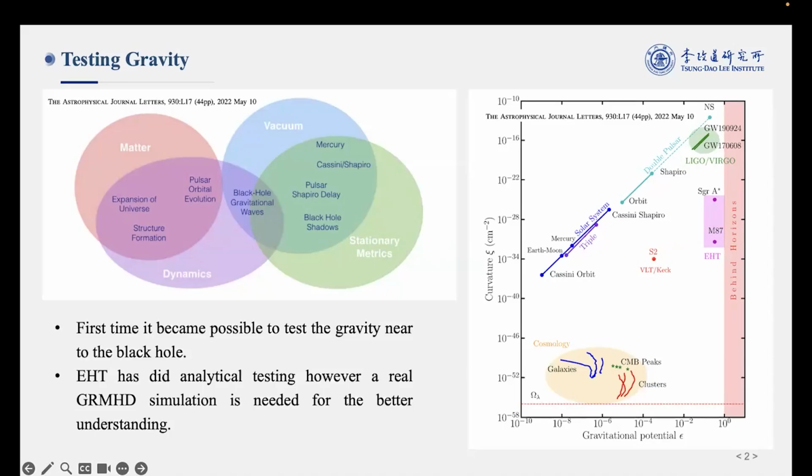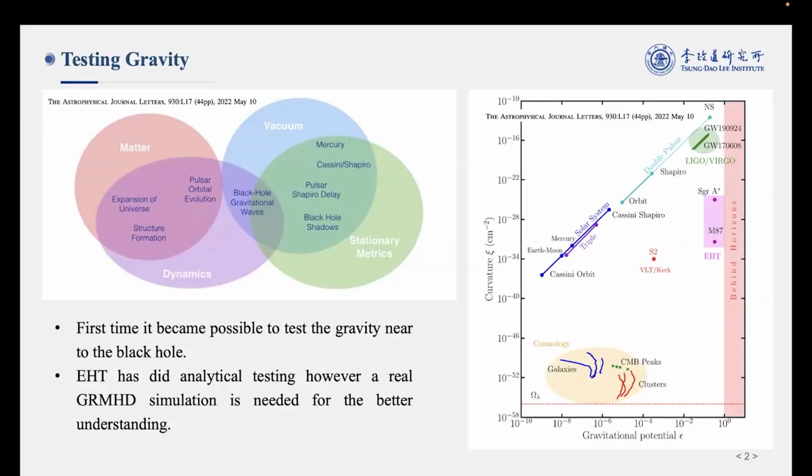Now, a similar thing we can also see for the neutron star cases, where you have high curvature. But why are the M87 and Sagittarius A star black holes important to easily test GR theories? We can understand this from the left-hand side plot. All of these observations can be categorized in four different ways.